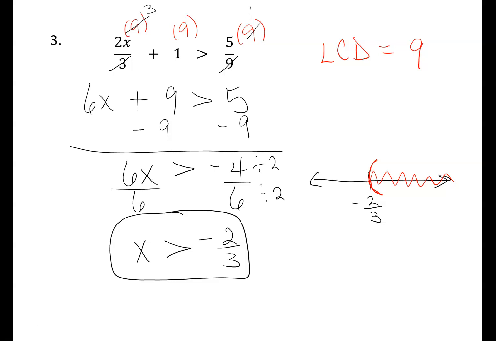And our interval notation starts on the left, so our leftmost value is negative 2/3, comma, goes to the right forever, and we would need parentheses on both. So here we just want to notice we're going to clear fractions like we did with the equations, and when we divide by a positive number, we do not change the symbol, even if the result is a negative number.